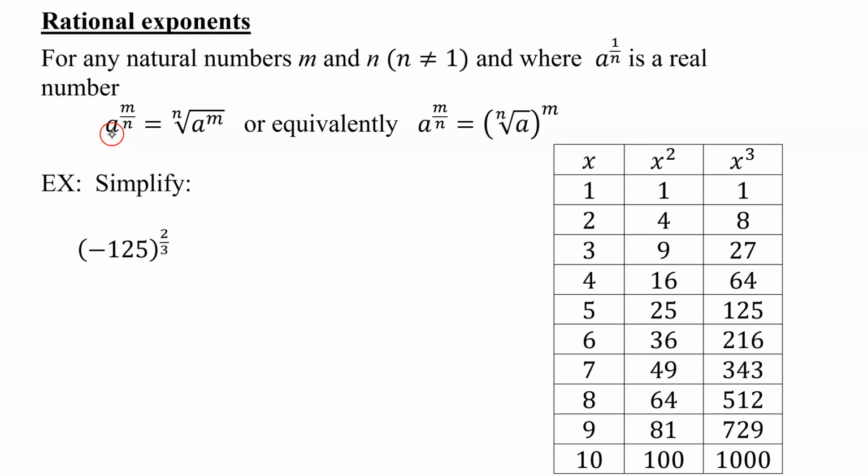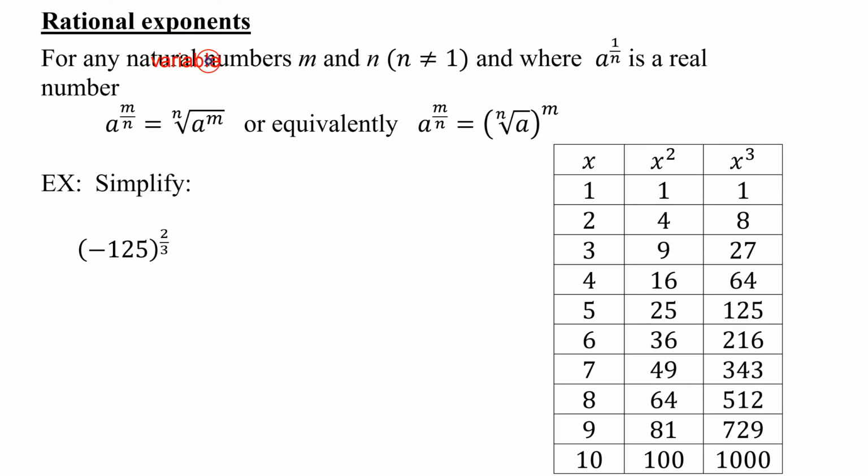If I have a raised to the m over n, it can be written as the nth root of a to the m, or equivalently as the nth root of a all raised to the mth power. Both of these are totally equivalent.